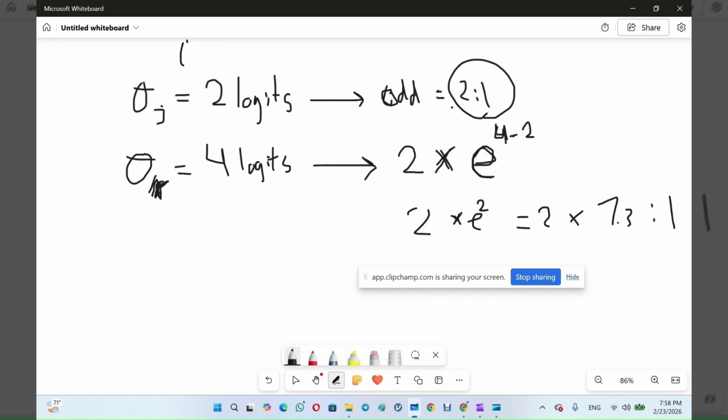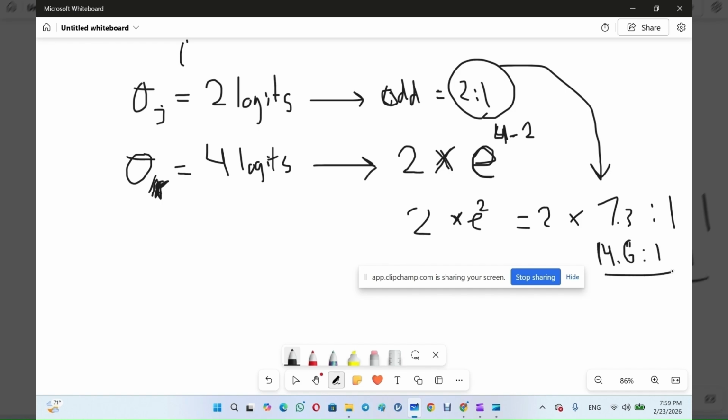So the first one, which has an odds ratio of 2 to 1, the one which is at 4 logits, 2 logits ahead of him, will rise to odds of about 14.6 to 1.